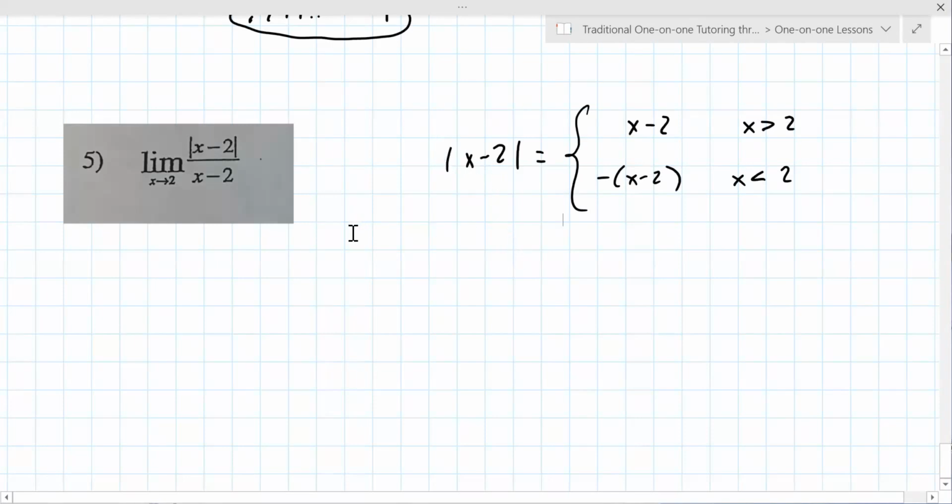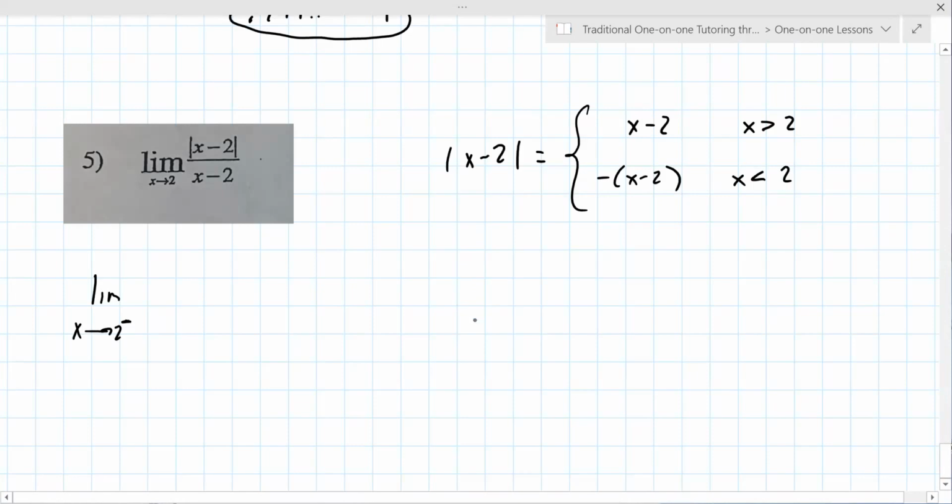All right. So now the limit as x approaches 2 from the left, we're using this one right here. Do you follow why that is? Less than 2 is from the left. How did you make this piece? This is piecewise, right? It's a definition.